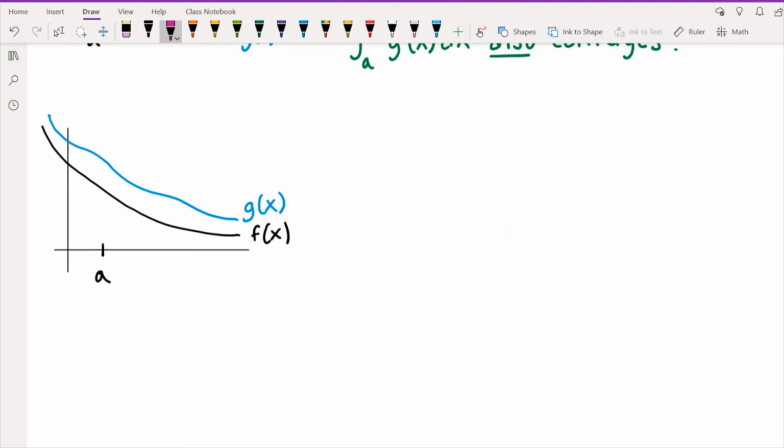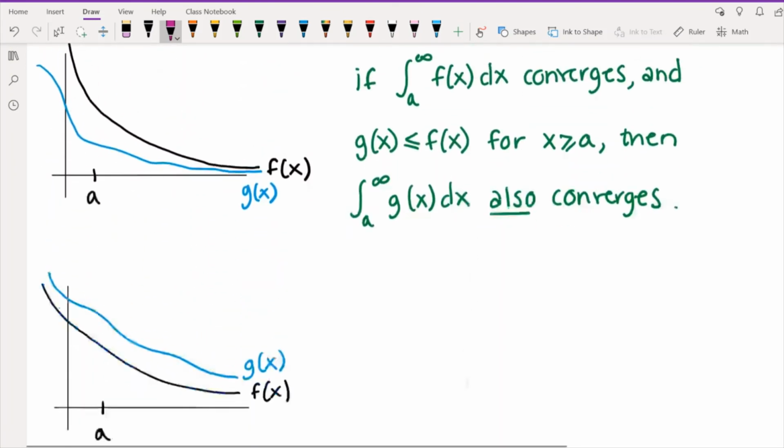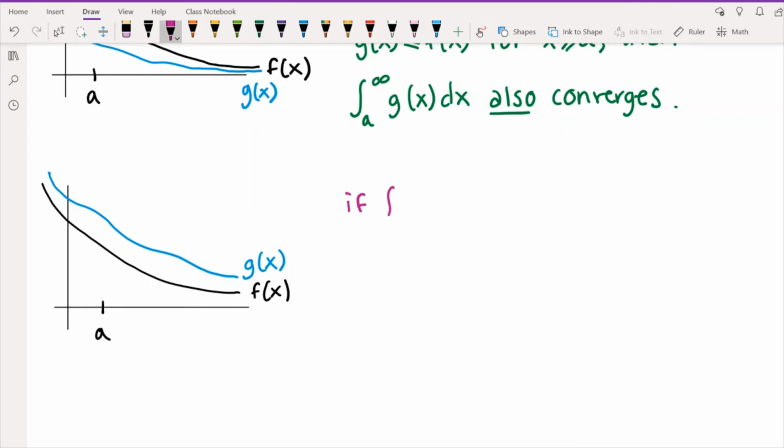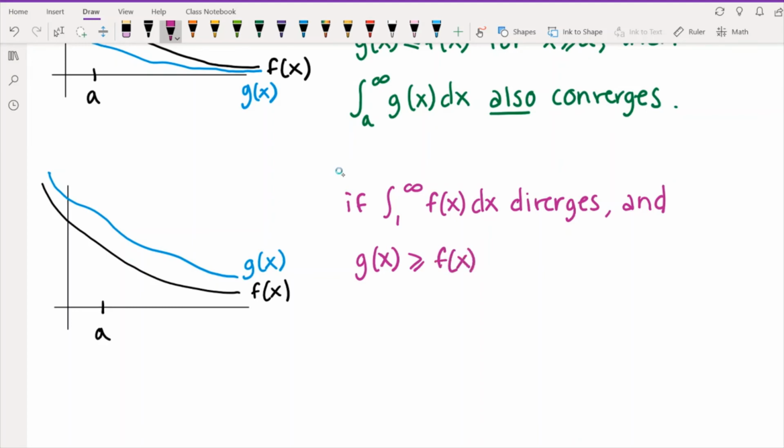So basically what we're saying here is that if the integral from 1 to infinity of f of x dx diverges, and if the function g of x is greater than or equal to the function f of x for all x greater than or equal to a, then the integral from 1 to infinity of g of x dx also diverges.